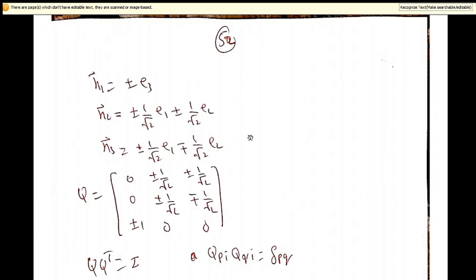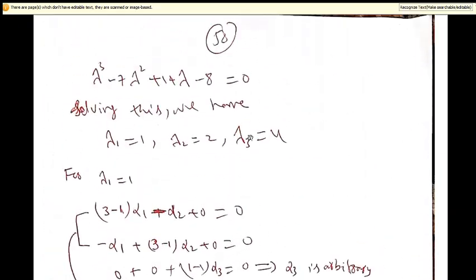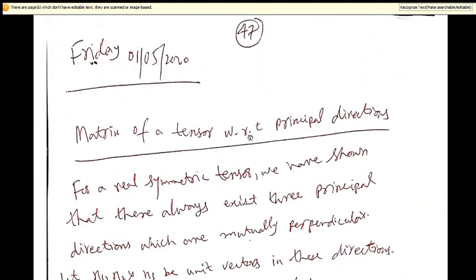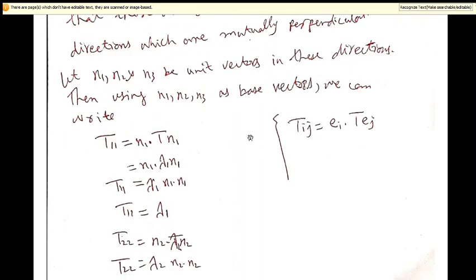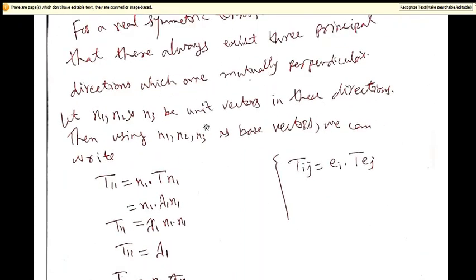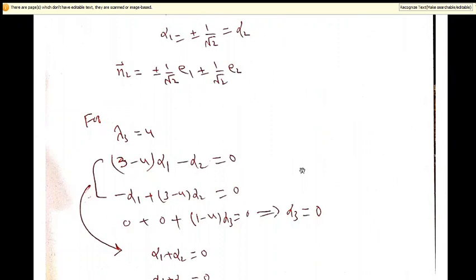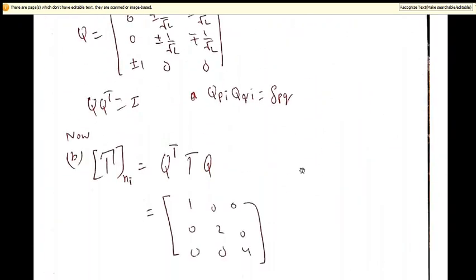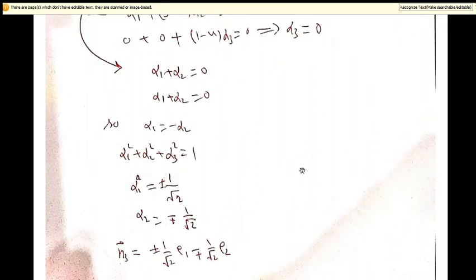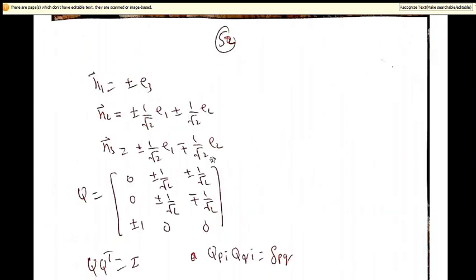Principal directions, as we have done from our starting lecture, from where we started. We have calculated n1, n2, n3 in these directions. This is n1, this is n2, and this is n3.